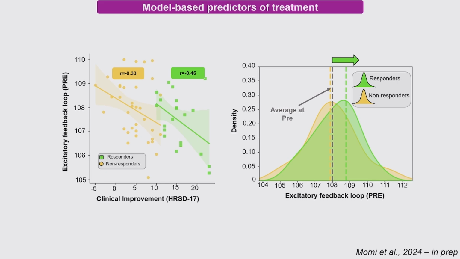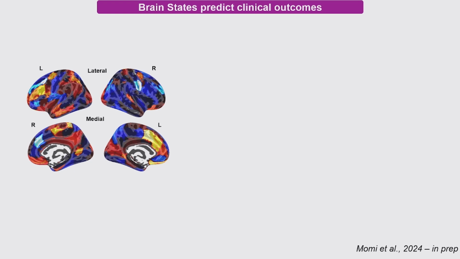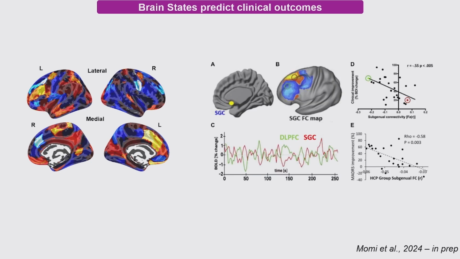And interesting enough, we also studied the state that came out from the model. So this is actually the brain state of the neural mass that predicted the clinical outcome, and it was interesting to us that it was similar to this SGC and DLPFC negative correlation that people have found to be predictive in the fMRI community.